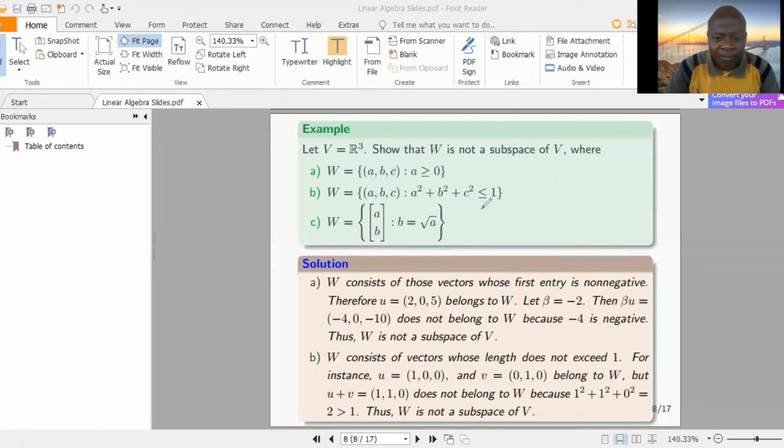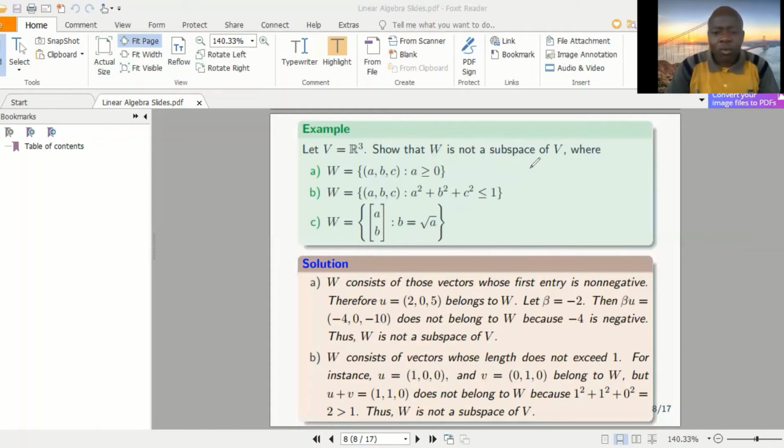So the question is, show that it's not a subspace. Which of the 3 properties that we've been looking for is not fulfilled? You've already seen that the first property, that it is non-empty, in other words contains the 0 vector, has been satisfied.